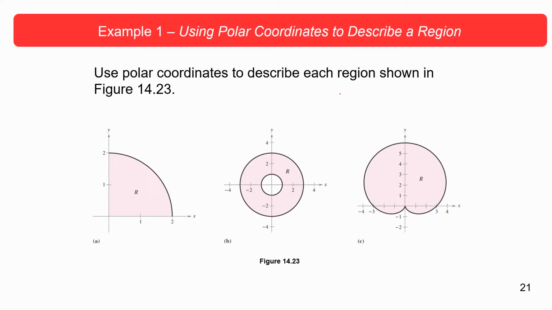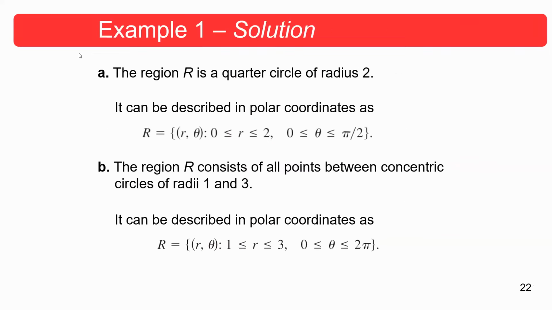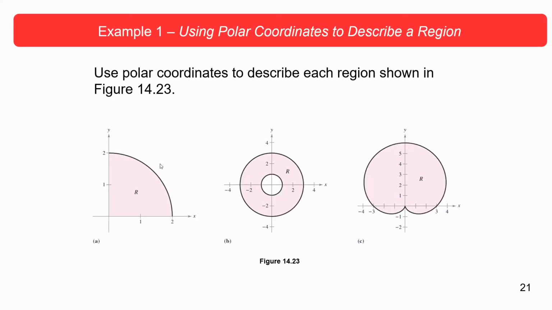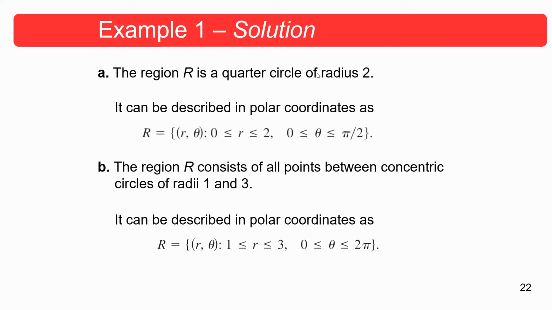So using polar coordinates to describe each region shown in the figure. The region R is a quarter of a circle of radius 2. It can be described in polar coordinates, so that means the region in terms of r and theta.